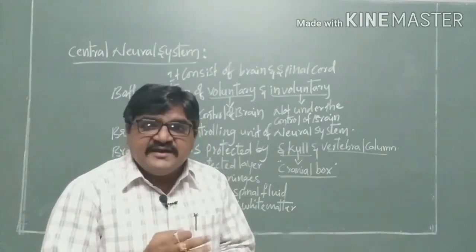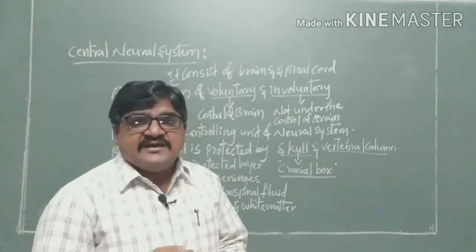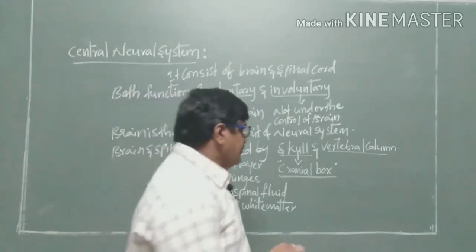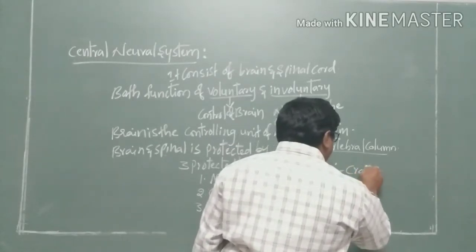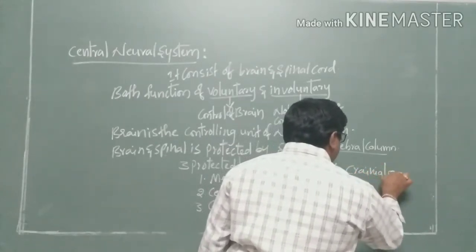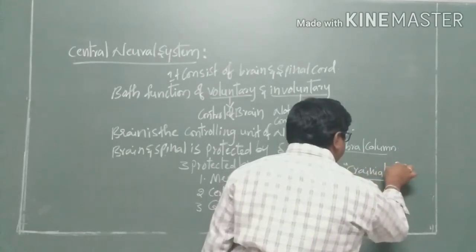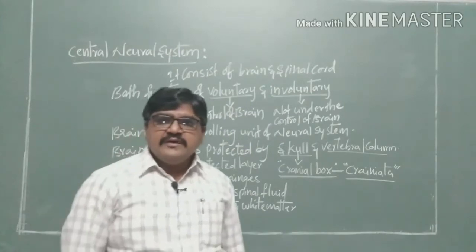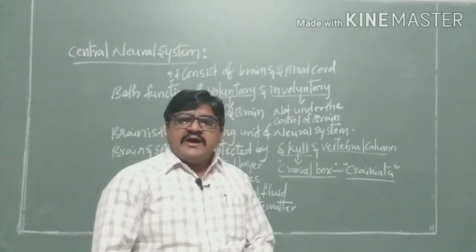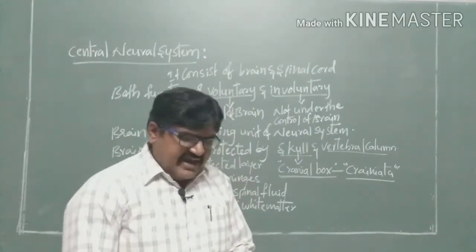Due to the presence of this specialized box, mammalians, including humans, are also called craniates.